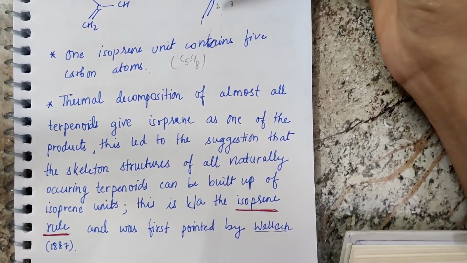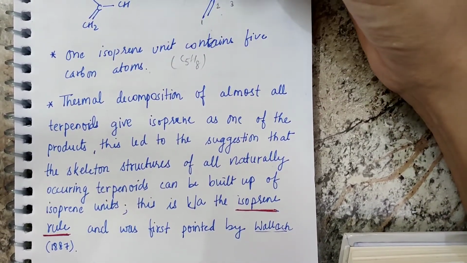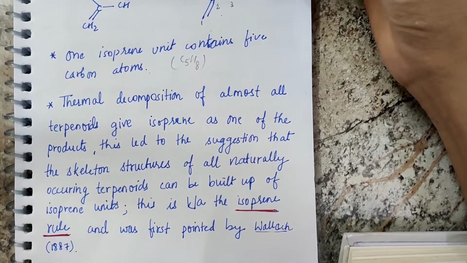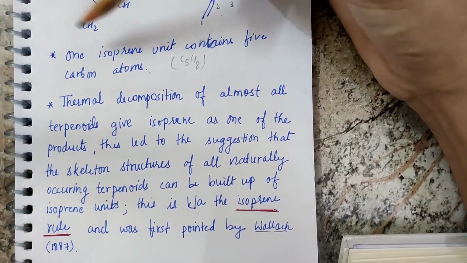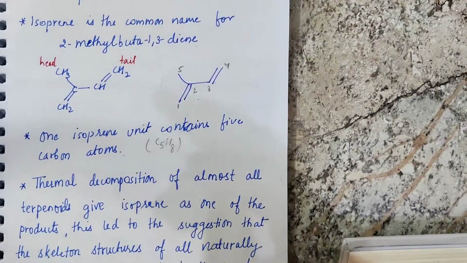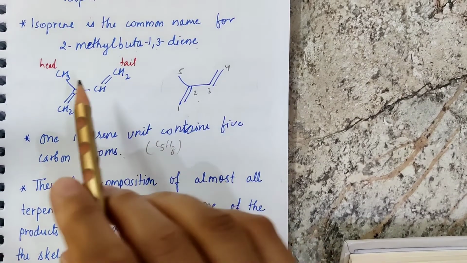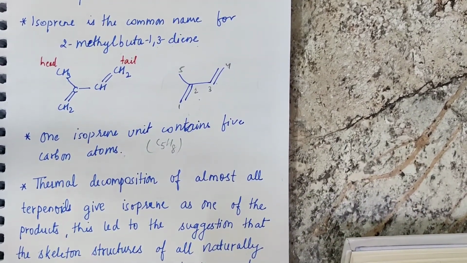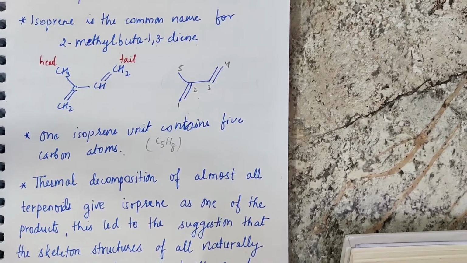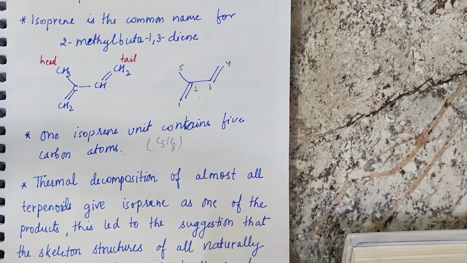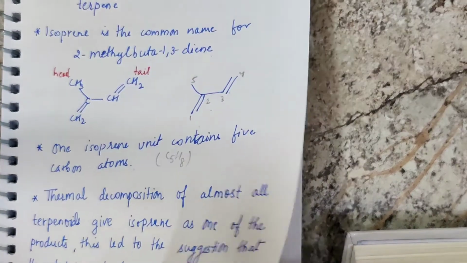Now this isoprene unit, I have written head and tail. The reason it has been written is that different kinds of bonding are possible. So these isoprene units can combine to form a straight or branched hydrocarbon, or it can also form a cyclic hydrocarbon.